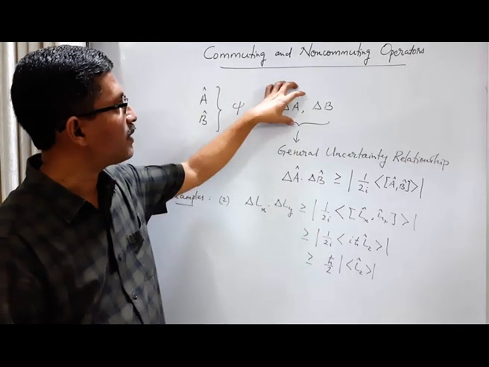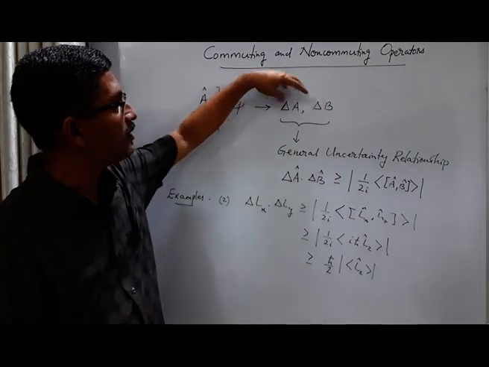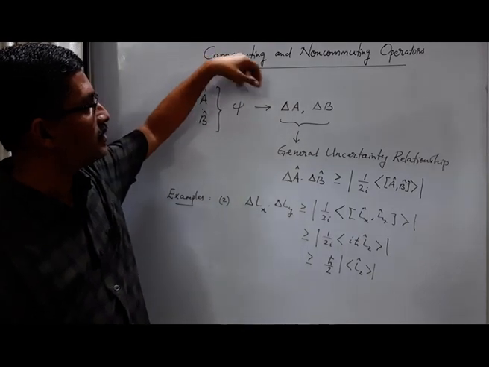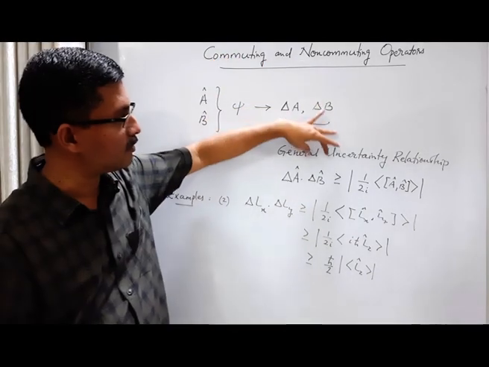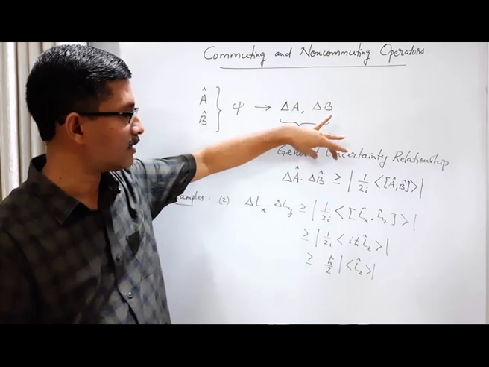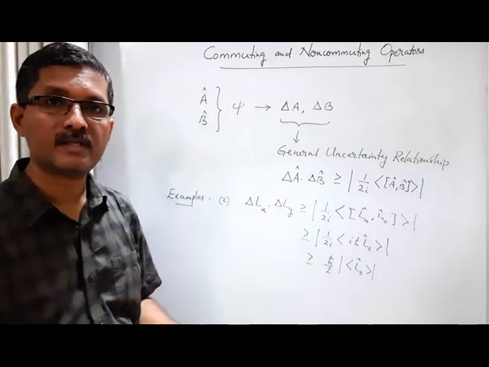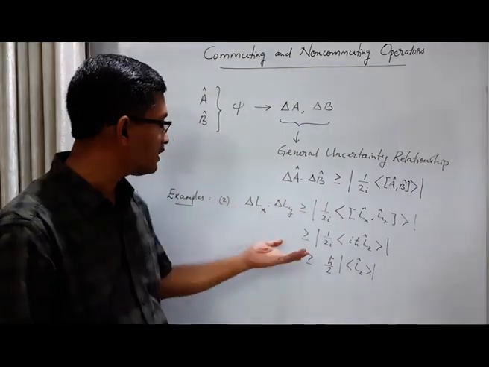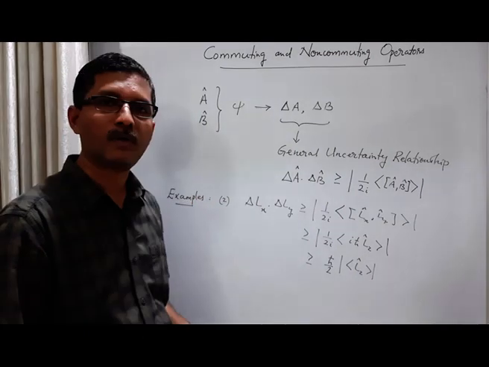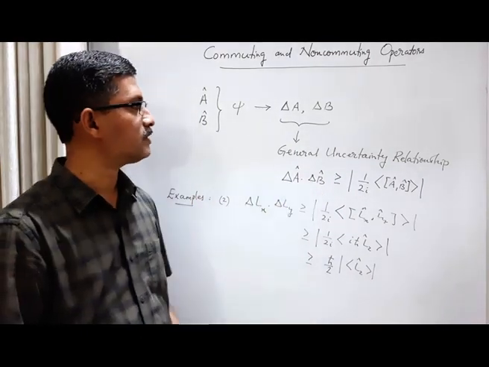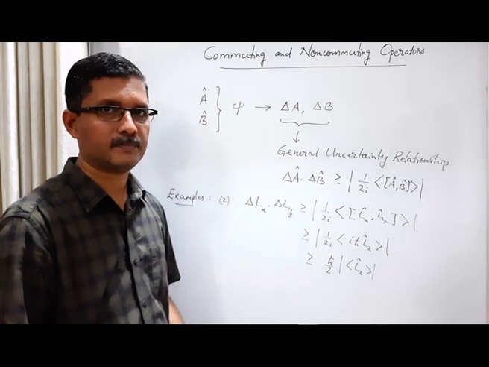There will be a spread in A, there will be a spread in B, and since they are measured in the same state, there is a correlation between them, and this is the general uncertainty relationship. And Heisenberg's uncertainty relationship as well as uncertainty relationships between other non-commuting operators are all examples of this general uncertainty relationship. That's all.